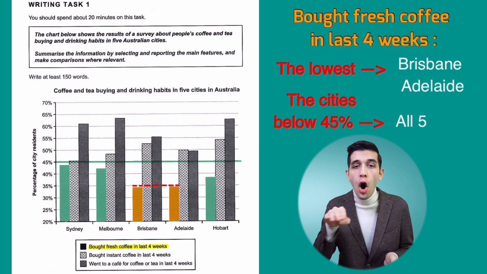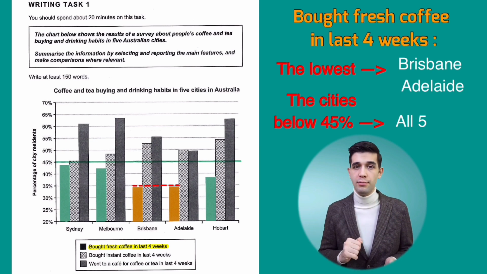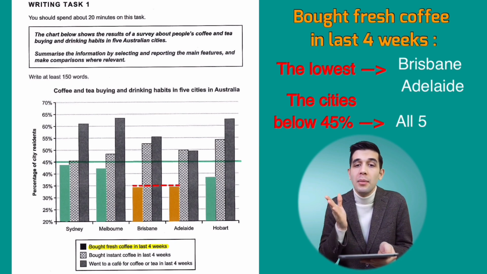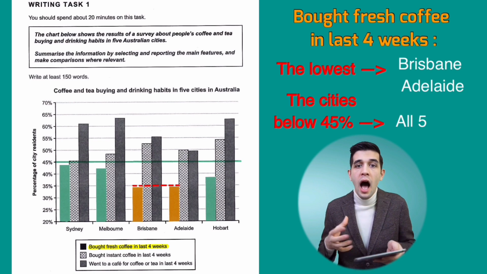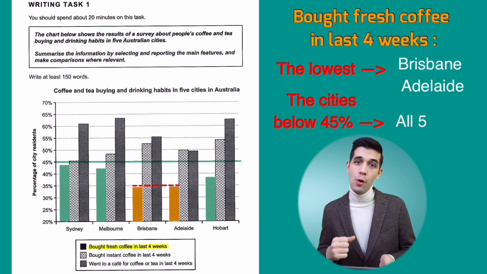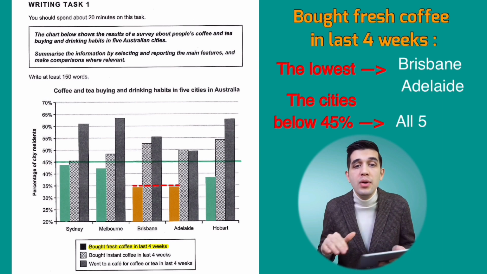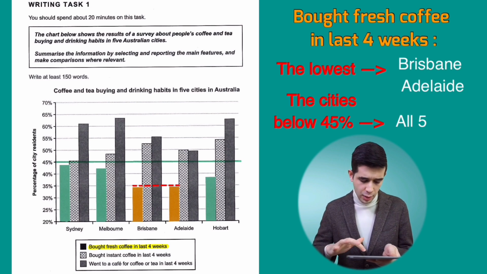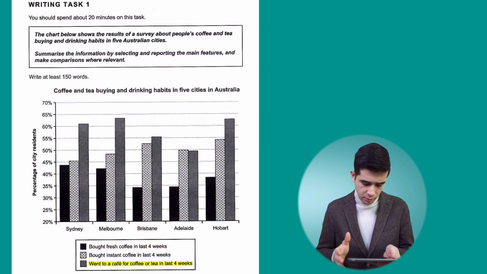I'm going to say that all of the 5 cities were below 45%, with Brisbane and Adelaide equally at the lowest. You see, instead of talking about all 5 of them separately, I have merged them into one line. So instead of 5, I now have 1, and I haven't removed anything. I haven't omitted any piece of information. I've just generalized them.